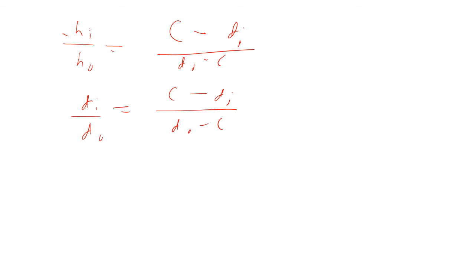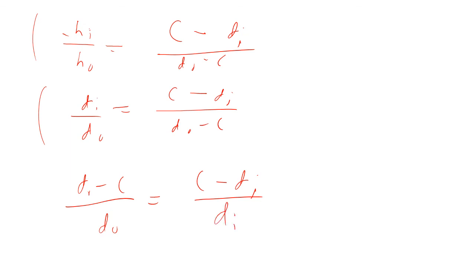We got this because minus HI over HO is the same as DI over DO. So now we cross multiply. DO minus C over DO equals C minus DI over DI.